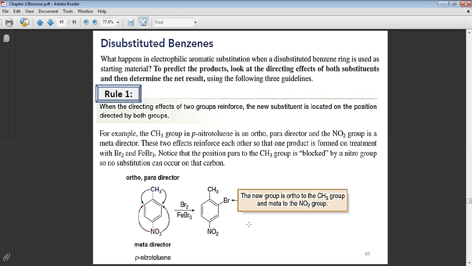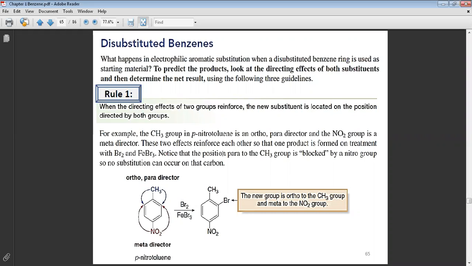For example, he said the CH3 group in para-nitrotoluene is an ortho para director and the NO2 group is meta director. These two effects reinforce each other so that one product is formed on treatment with BR and Fe BR3, this is the halogenation reaction.